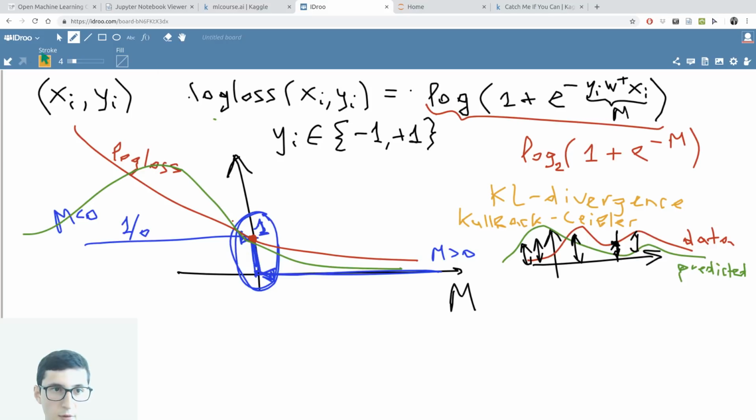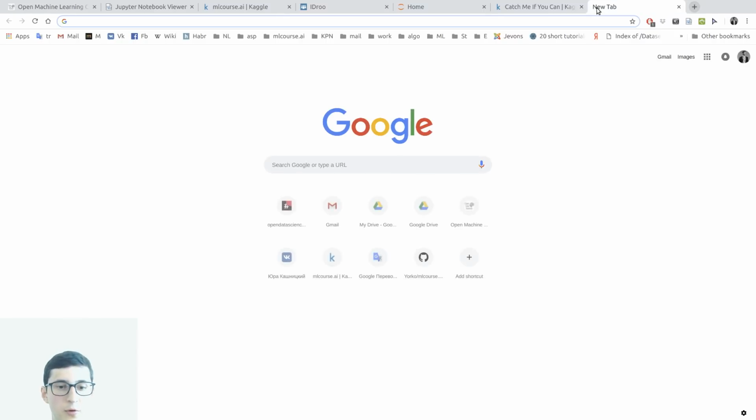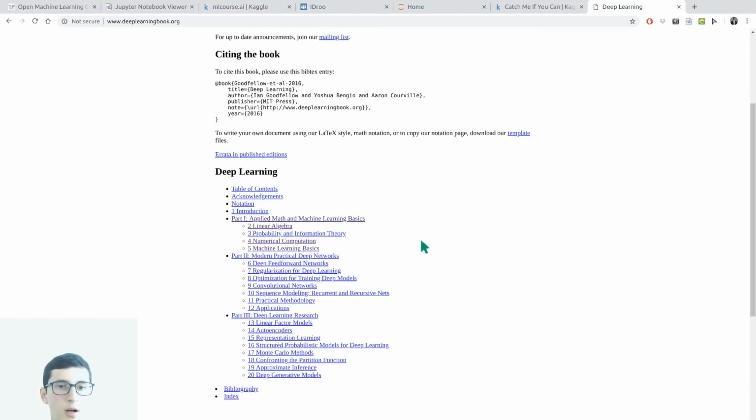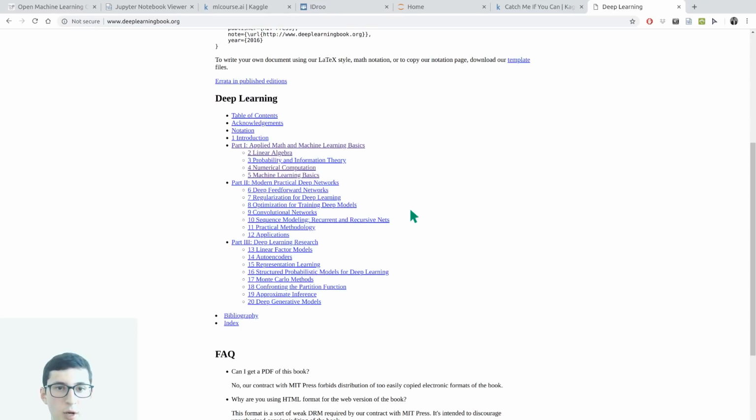And from KL divergence we can go to cross-entropy loss, and log loss is actually just a particular case. So here I encourage you to look at the Deep Learning book by Goodfellow, Bengio, and Courville.